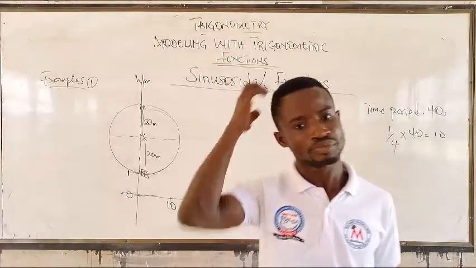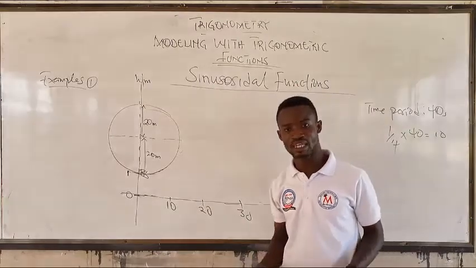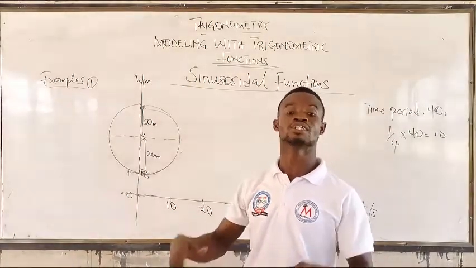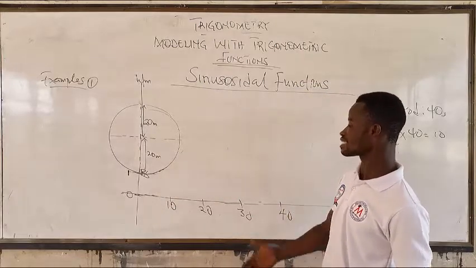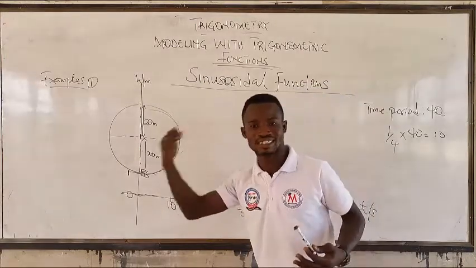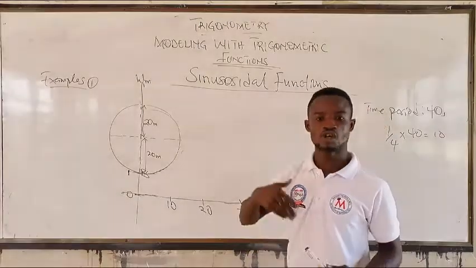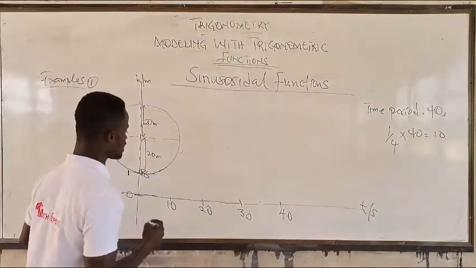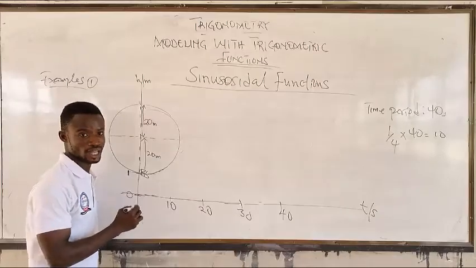Let's continue. Suppose you get on at B and the wheel starts to rotate. So when you get on at B, then the wheel starts to rotate, and you go like this.